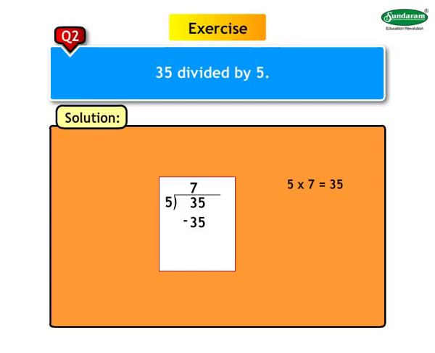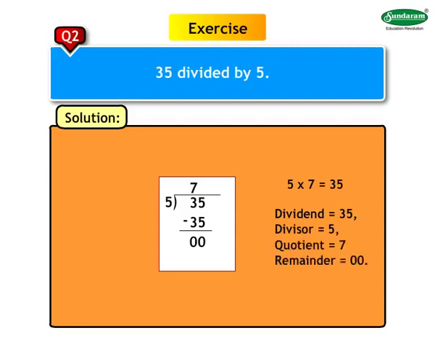Now, we subtract the product 35 from the dividend 35, as 35 minus 35 is equal to 0. 0 becomes our remainder. Thus here, our dividend is 35, divisor is 5, quotient is 7, and remainder is 0.